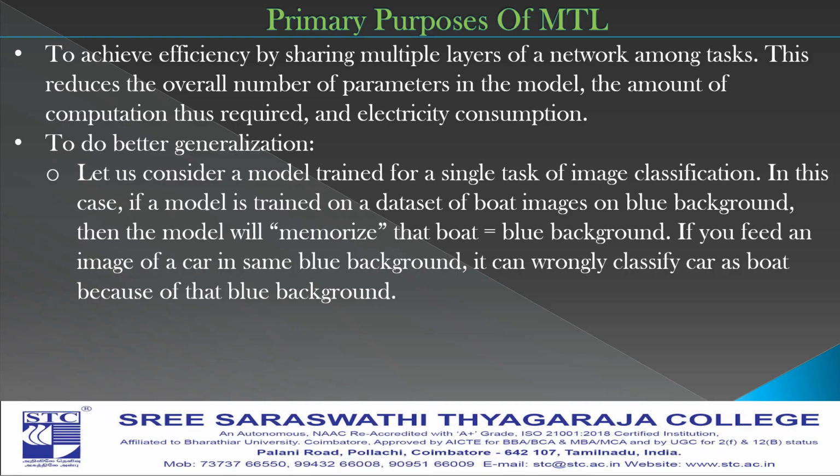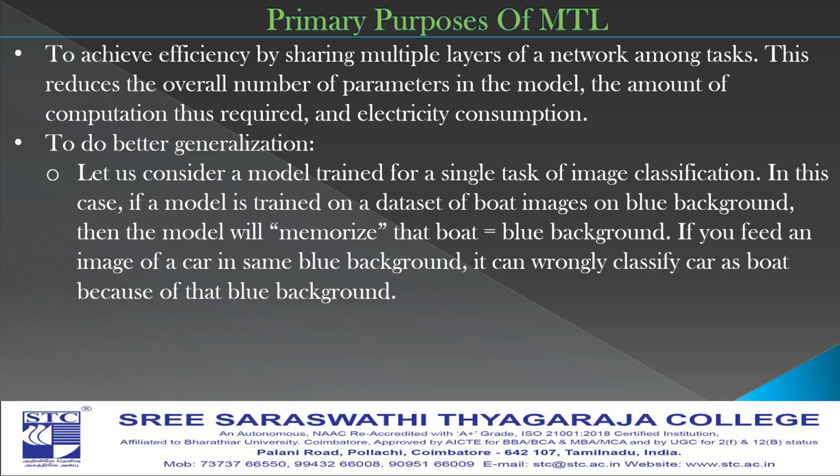So now the network, by this training, learns to recognize a boat. But there is a catch. It recognizes the boat on a blue background. Which means it memorizes, or rather overfits, the blue background. Now you have a model in place, and you do inferencing on this model, in which you give another image as an input.